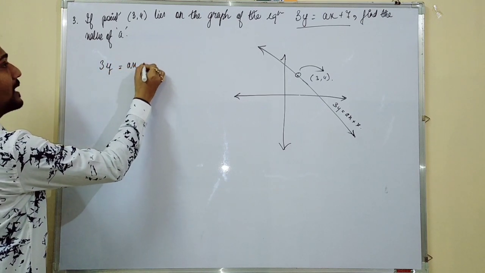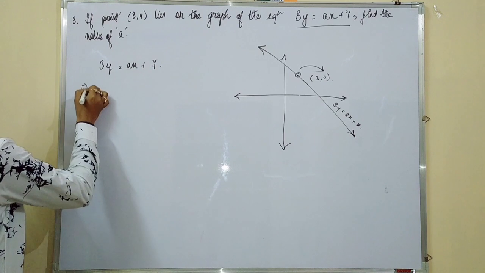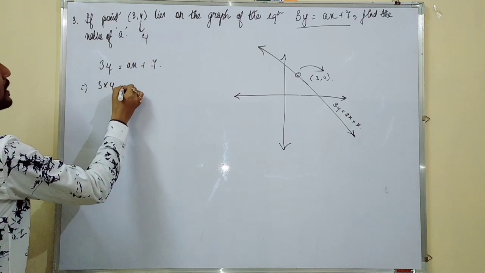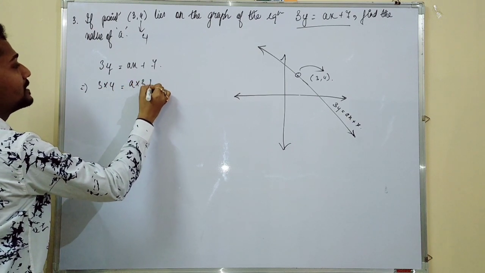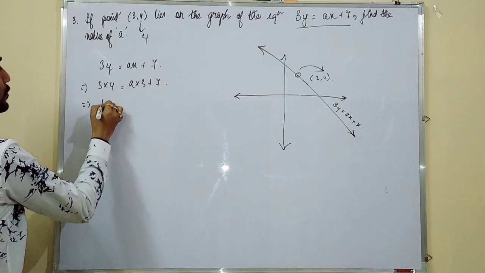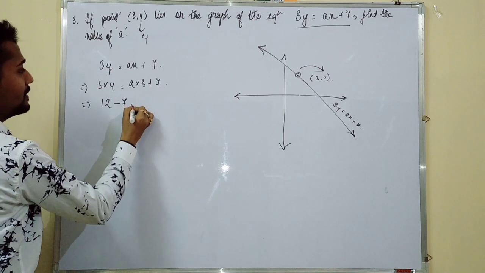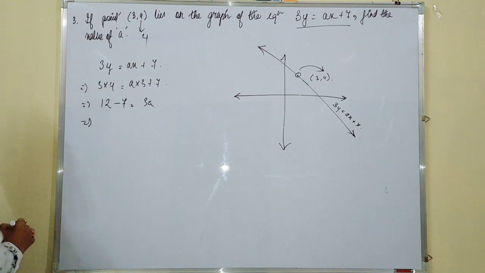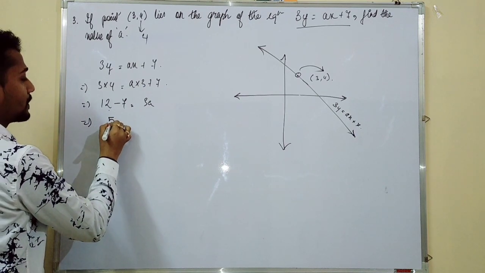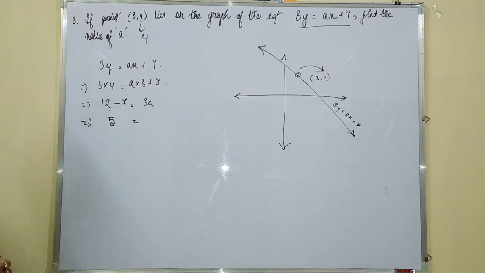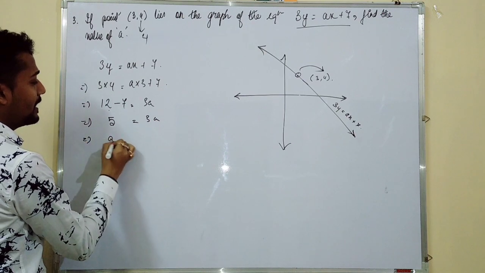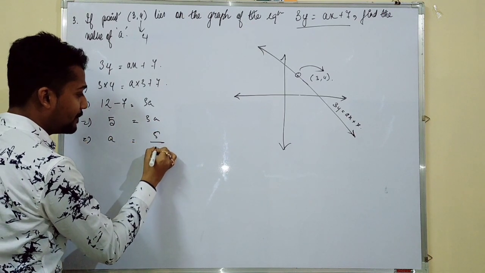3y is equal to ax plus 7, so 3 times 4 is equal to a times 3 plus 7. 12 minus 7 is equal to 3a. 12 minus 7 is equal to 5, and this is 3a, or a is equal to 5 by 3.